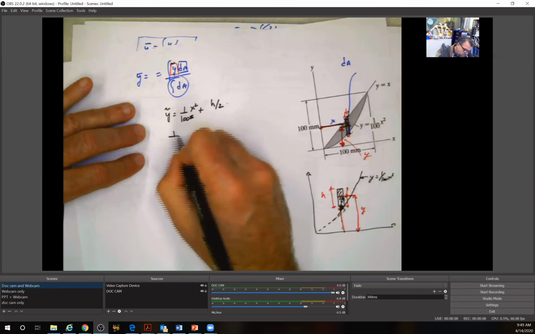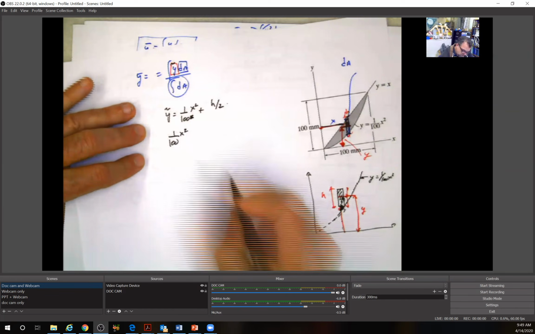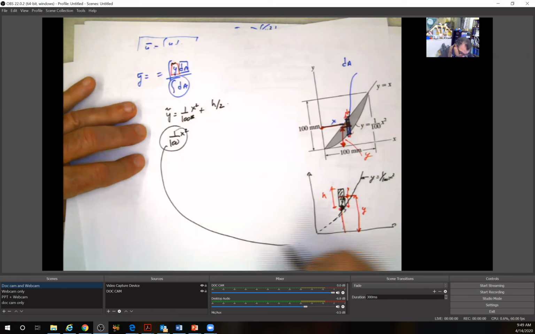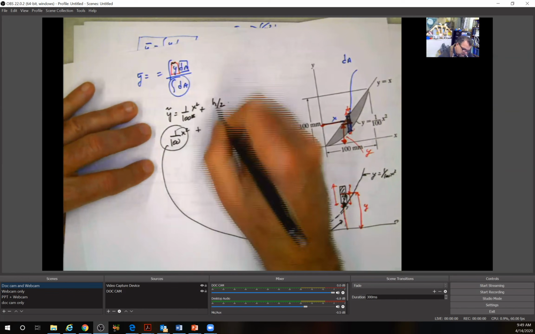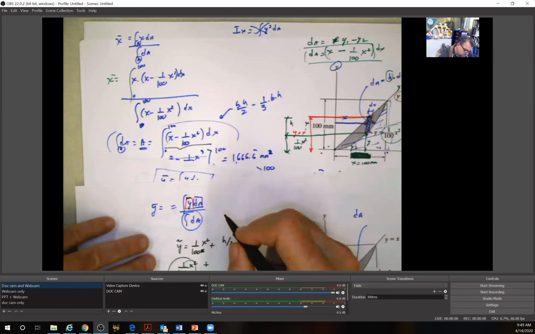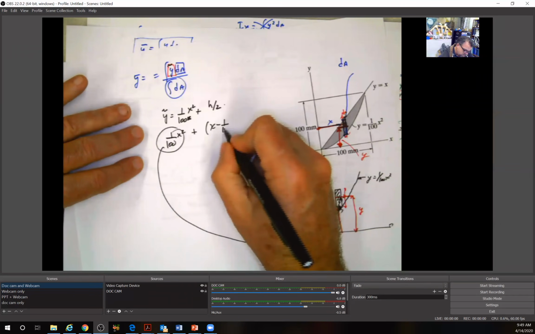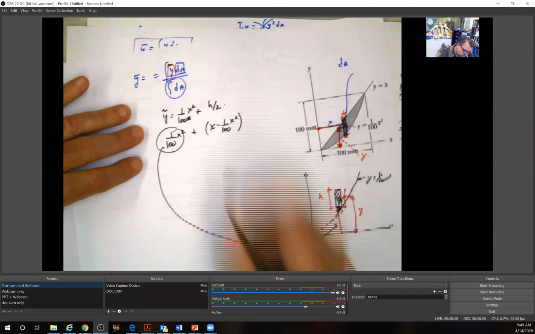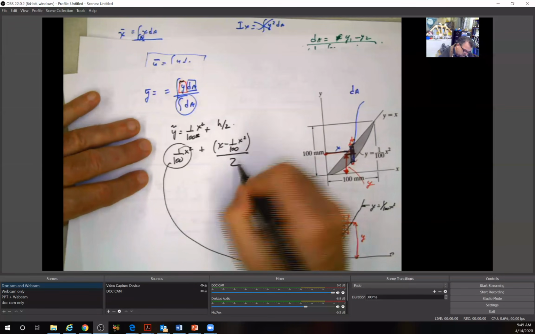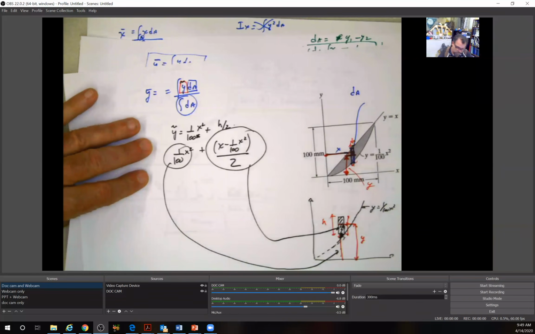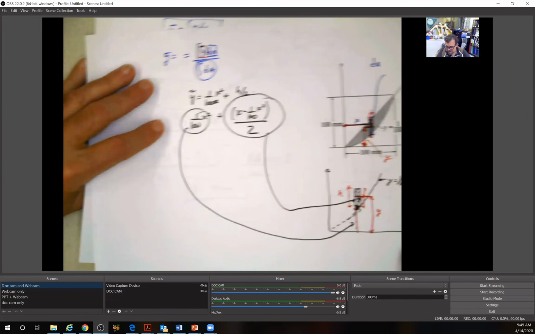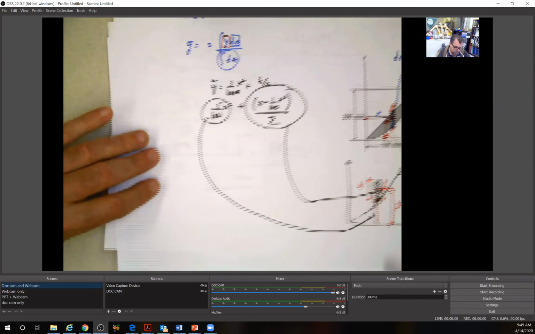Remember, this comes from that distance. And then the h divided by 2 is x minus 1 over 100 x squared, divided by 2. And this will correspond to that little part. So we can do it like that, and that will be the y that we are measuring.